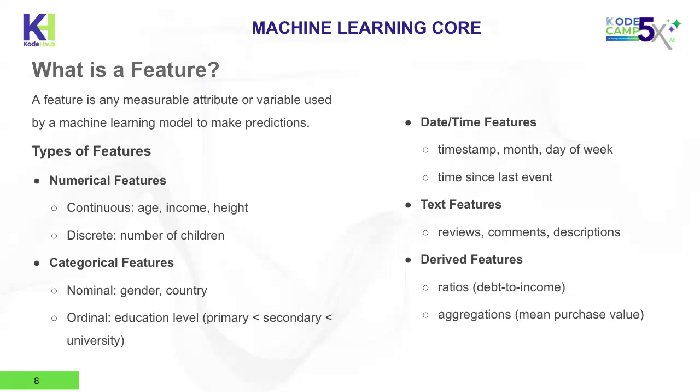A good example is your gender, male or female. There's no one that you say, okay, this is greater than the other one, even though some people may not agree to that. Same thing with countries, inherently you cannot do an ordering of countries, except maybe you're using alphabetical order or something, right? So that's a nominal, it's just categories, right?